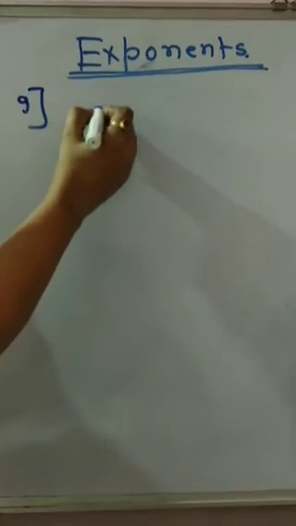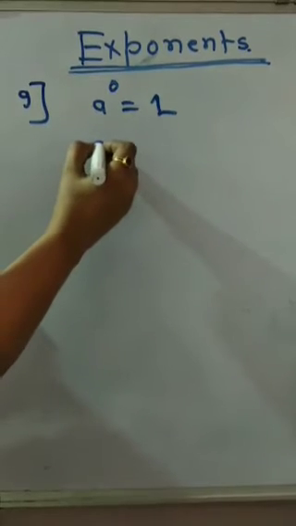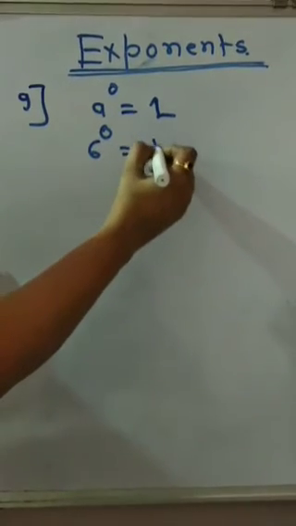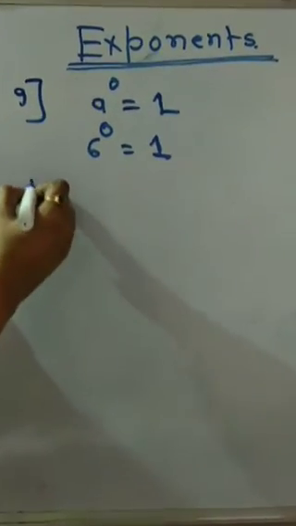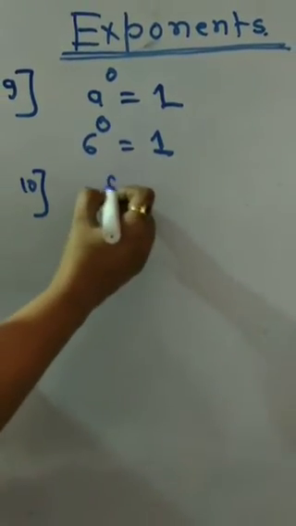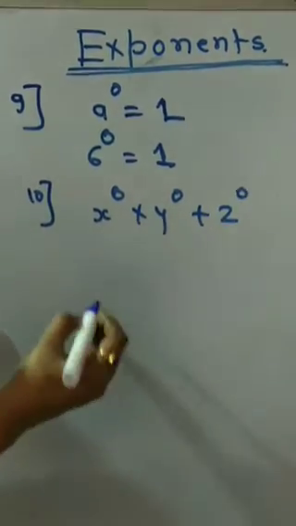Now a raised to 0 is equal to 1. 6 raised to 0 is equal to 1. Whenever the power is 0, the answer is always 1. x raised to 0 into y raised to 0 plus z raised to 0.